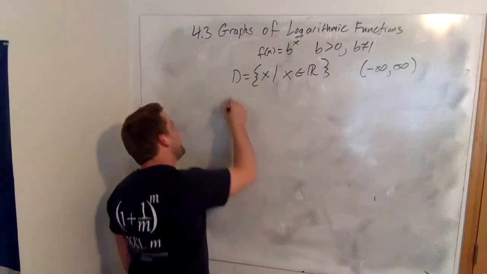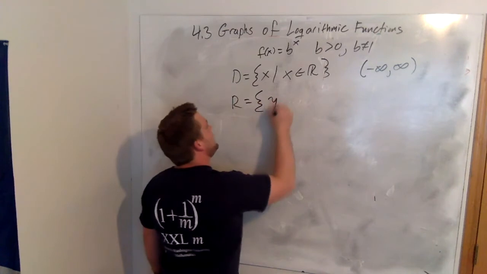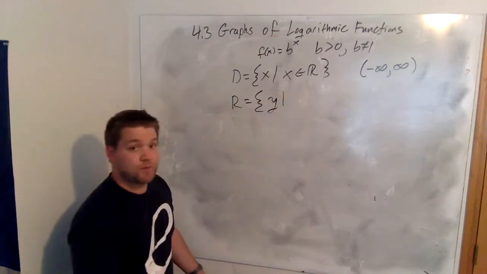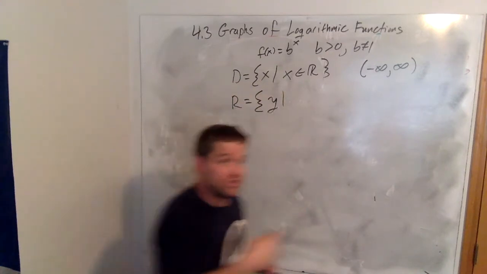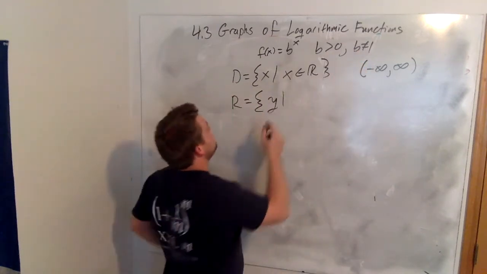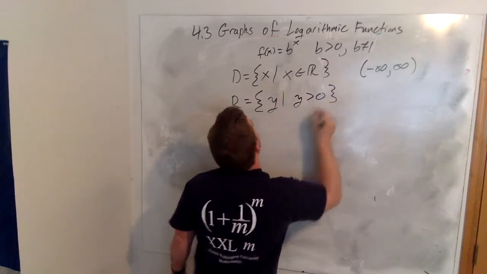And what is the range? If we remember the graph, you're only going to get outputs bigger than 0. So the outputs are all y greater than 0.